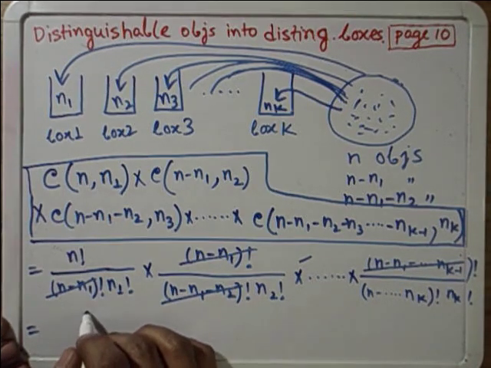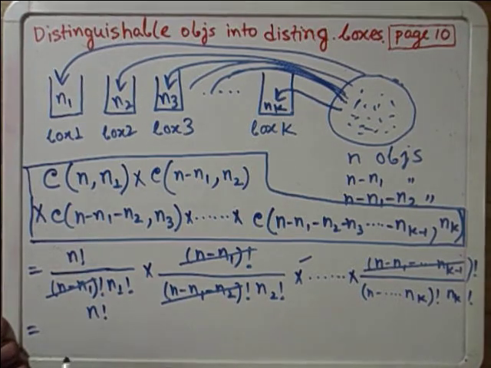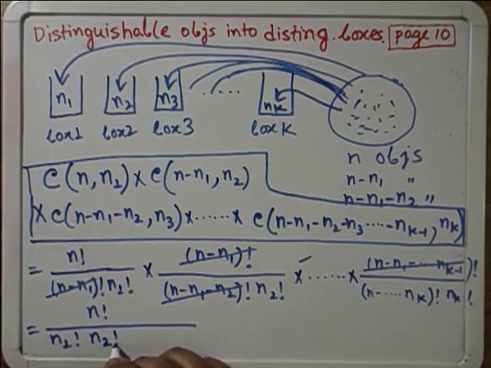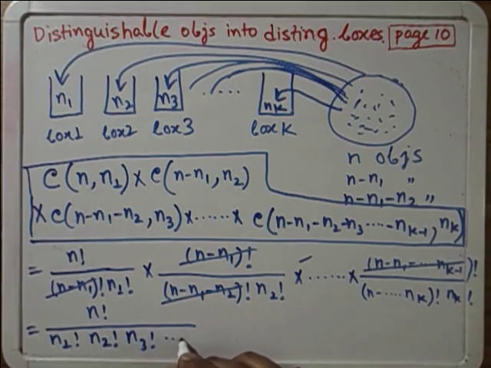This will all be gone. What you are left with is a familiar formula: n factorial over n1 factorial, n2 factorial, n3 factorial dot dot dot nk factorial.